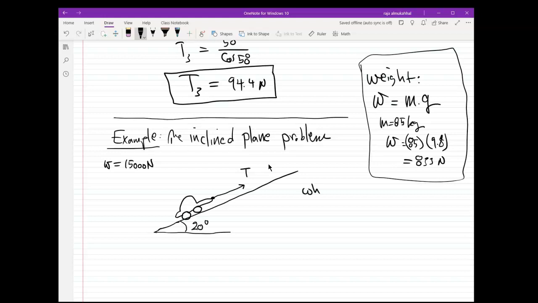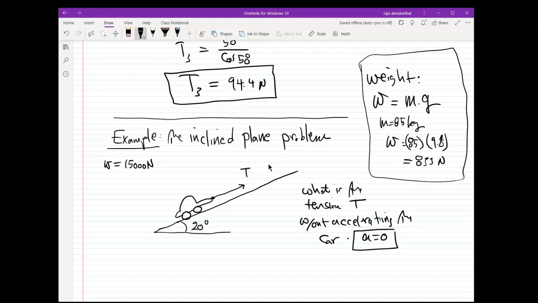What is T, the tension T, without accelerating the car? In other words, A is equal to 0. In other words, I want to pull it up the ramp with constant speed. Constant speed. That's the meaning of it.